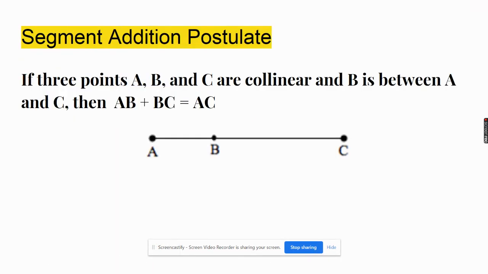Okay, this theorem, put a big star by it. We are going to use this theorem so much over the course of this year. So much. Second semester, we're going to use it in almost every single chapter. You're going to see segment addition postulate. If 3 points A, B, and C are collinear, so they're on the same line, and B is between A and C, as you see here, B is somewhere in the middle, then AB plus BC equals AC.